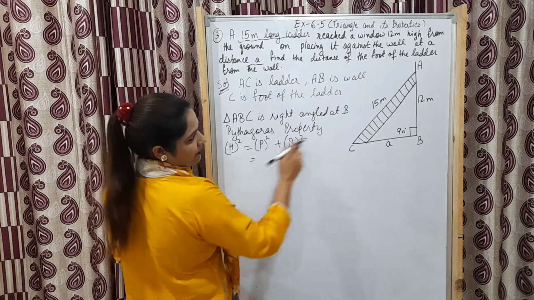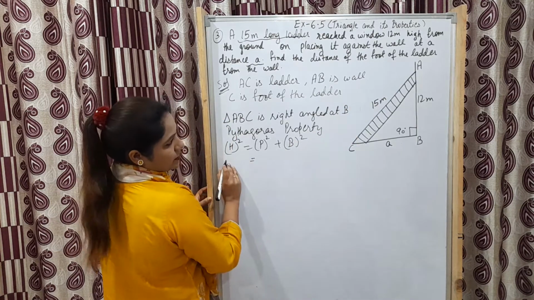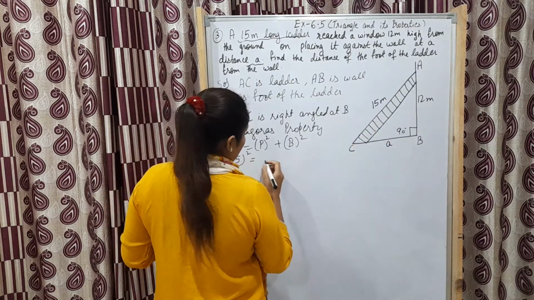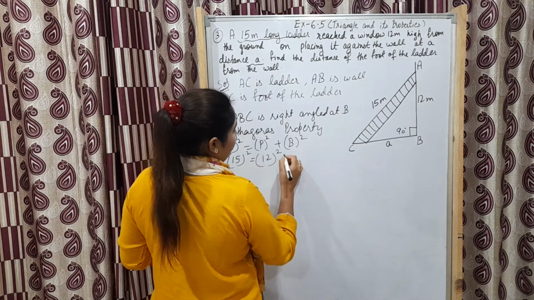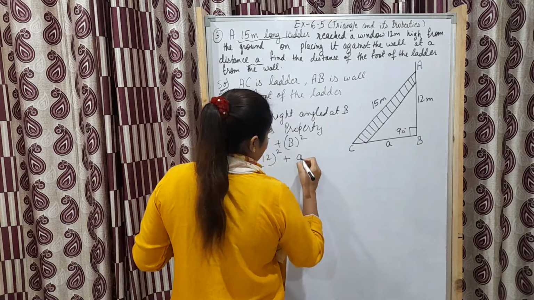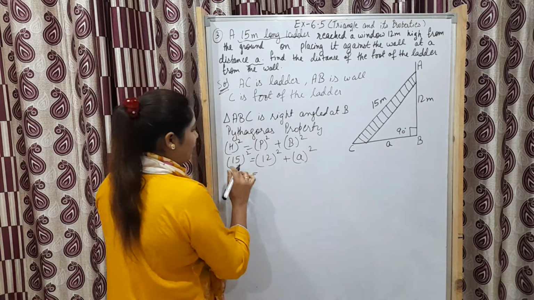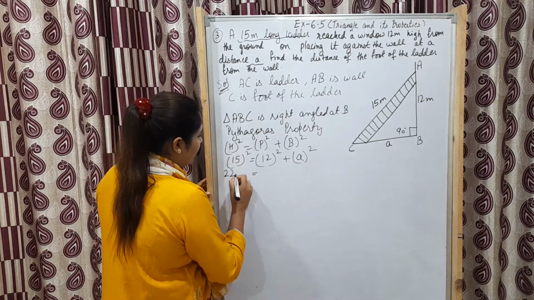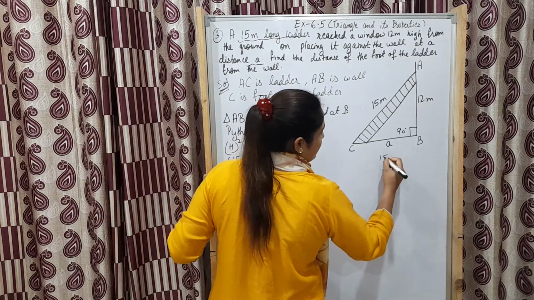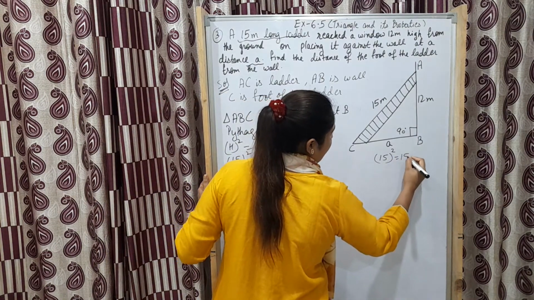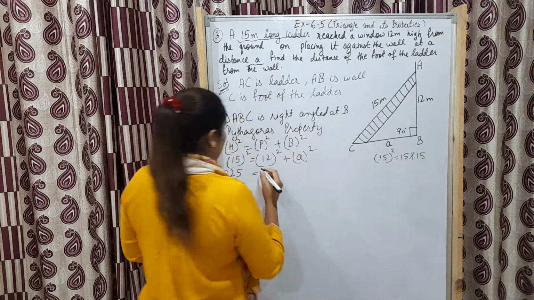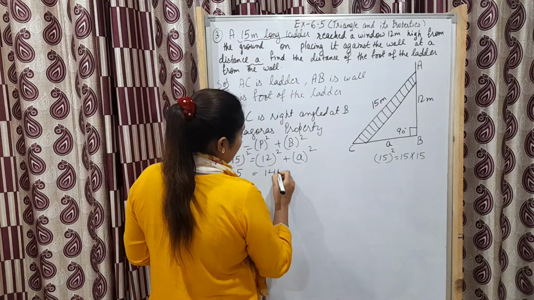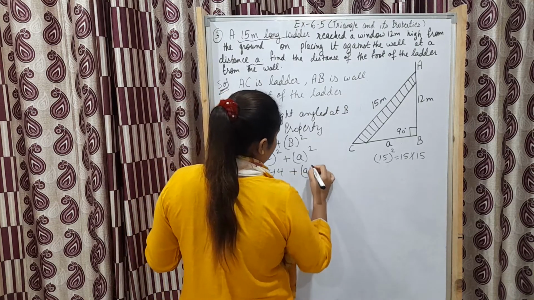Simply I will put the value. Now hypotenuse is AC, that is 15. Perpendicular is 12 and base is A. Now 15 square means 15 into 15, that is 225. 12 square means 12 into 12, that is 144.